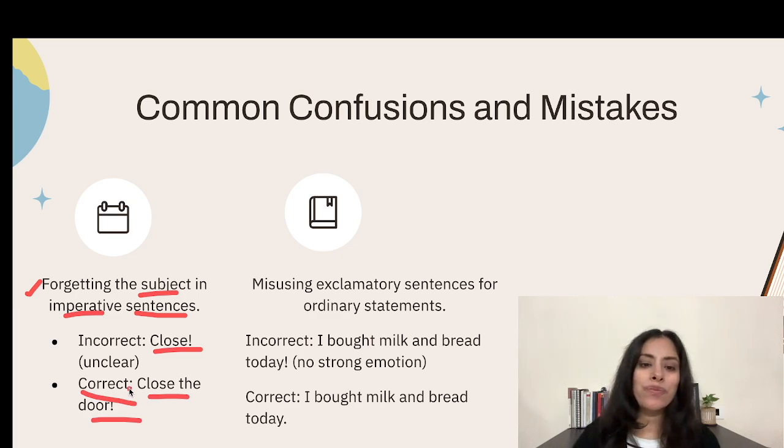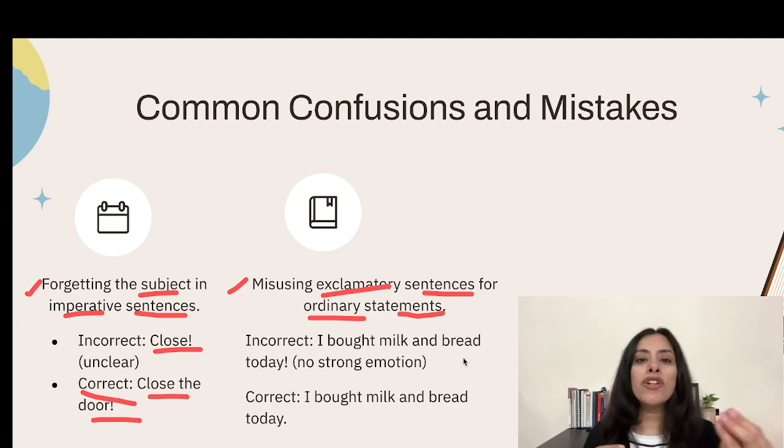Then, misusing exclamatory sentences for ordinary statements. Like I said, exclamatory sentences are where you attach some strong emotion or you have to give emphasis on a particular feeling. But we cannot use it in any sentence where there is no strong emphasis on emotion.